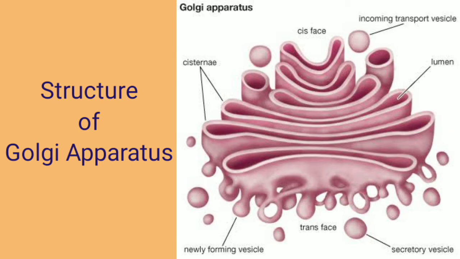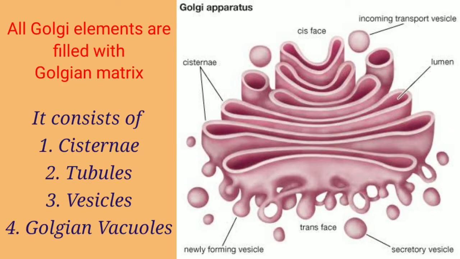In the structure of the Golgi apparatus, here also it is quite similar to that of the endoplasmic reticulum. Generally the structures are made up of three parts, or are found in three forms: the cisternae, the peripheral tubules and the vesicles.